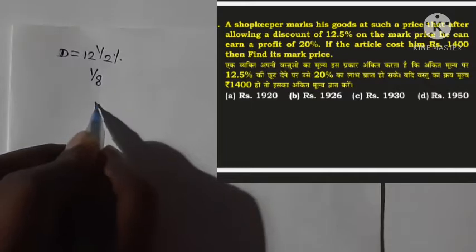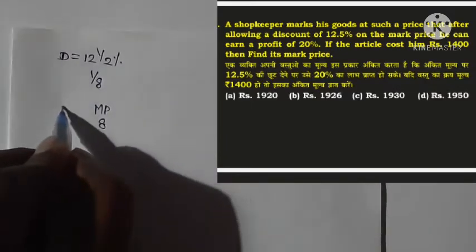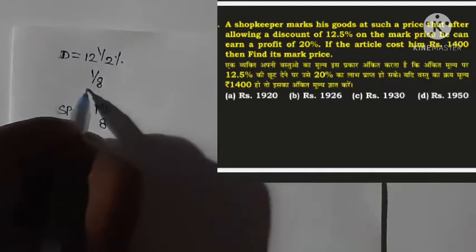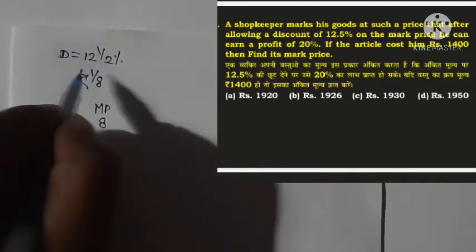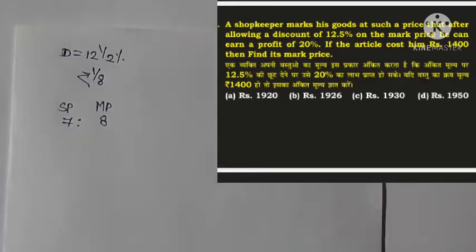Say the market price is 8 and the discount is 1, so the selling price is 8 minus 1, which is 7. So you can earn a profit of 20%.